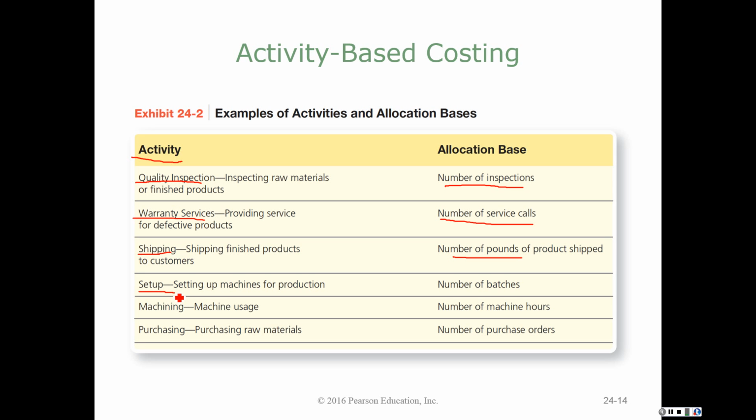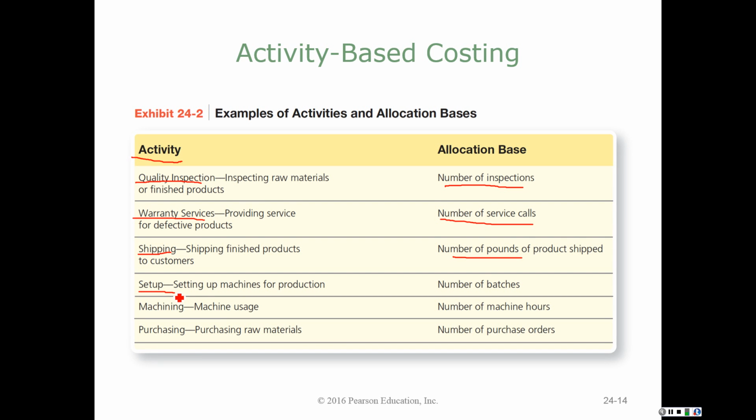Setup simply means if you have several machines that are generating different products, then every time I have to shift the programming of that machine from one setting to another, or dismantle parts of that machine and add other parts of the machine to manufacture a different product, this is called setup.